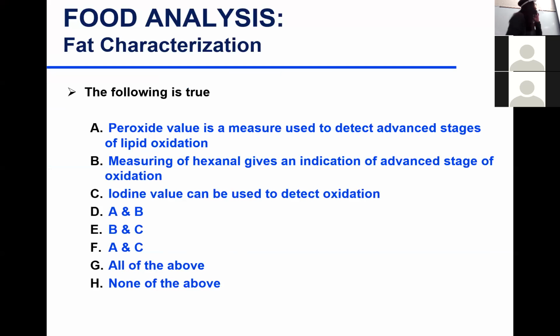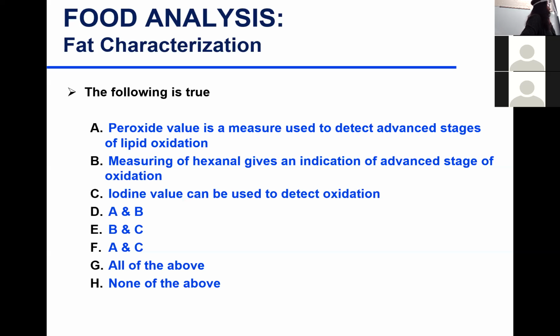Okay. So you should have learned about lipid oxidation already. So maybe you remember if peroxide value detects advanced stages, and hexanal is an indication of an advanced stage of oxidation. You might not know the third one, which is the iodine value, can be used to detect oxidation.